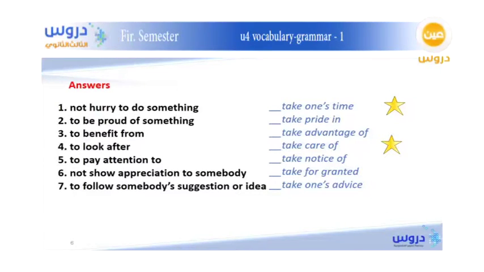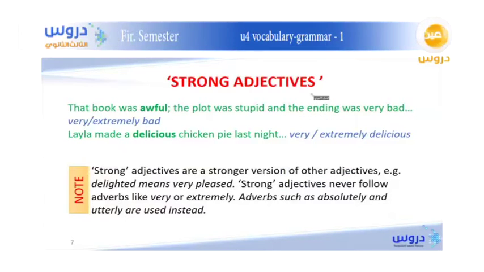Now we are going to see something that has to do with adjectives. Do you have any idea about base adjectives and strong adjectives? Sometimes we call it normal adjective and strong adjective. Yeah. Okay, good.